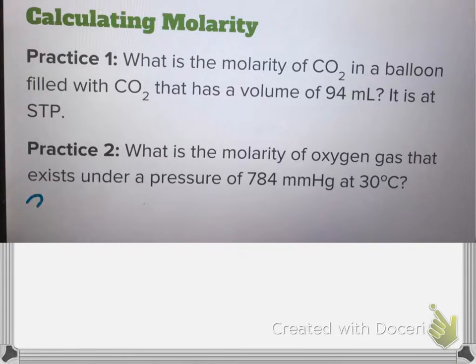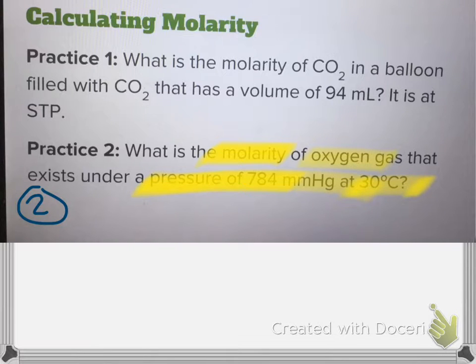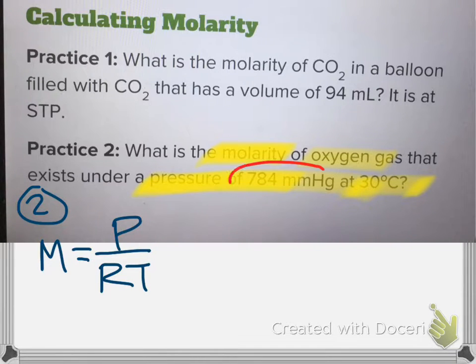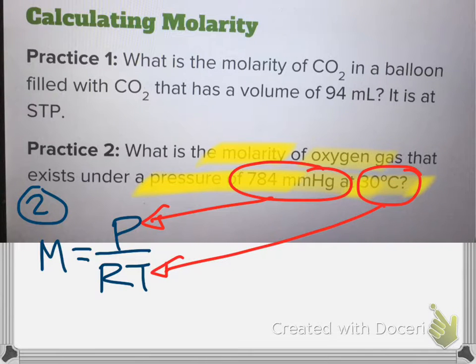Number 2 says, what is the molarity? So again, we're looking for the molarity of oxygen gas that exists under a pressure of 784 mmHg and 30 degrees Celsius. So again, we can use our molarity equals P over RT equation. Here is our pressure, here is our temperature. But our R is in units.